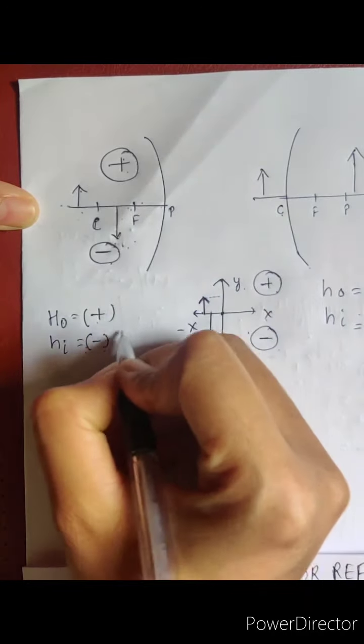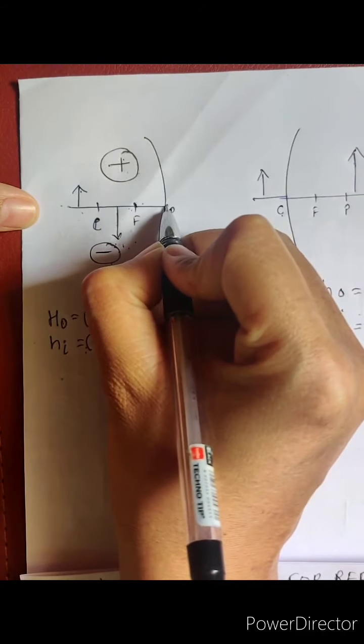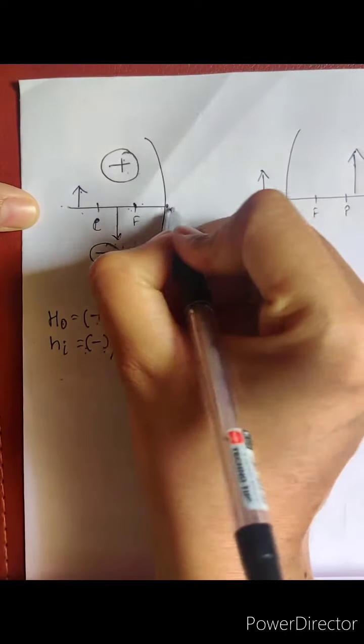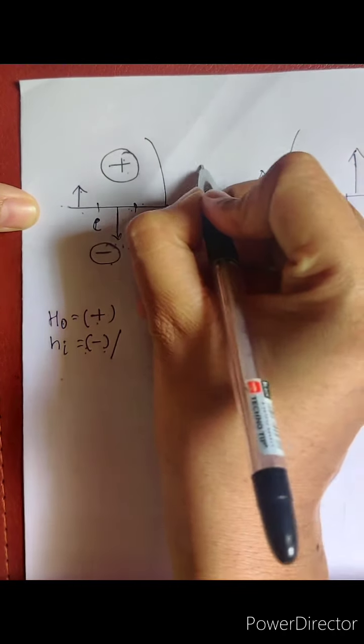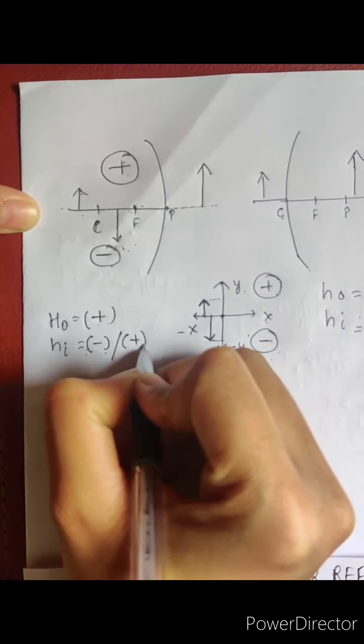So it will be negative, and in one case when the object is present between focus and pole, the image will be produced on the other side of the mirror and the image will be erect. So in that case height of image will be positive.